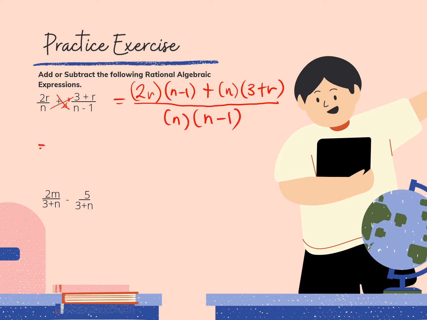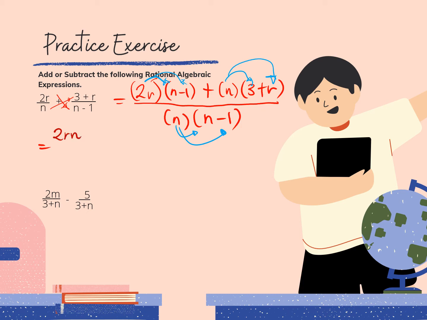Okay? So, distribute mo. Yung nasa labas, dito sa bawat term sa binomial. Ganun din dito, i-distribute mo yung n sa bawat term na nasa loob ng parentheses as well as this one. Okay, so let's now have our final answer. 2r times n, that will be 2rn.